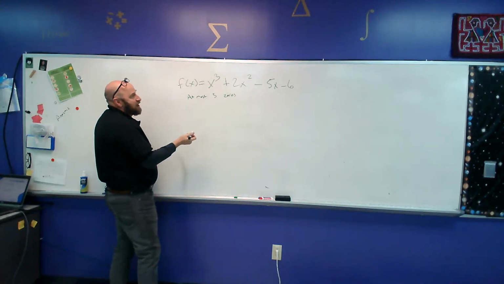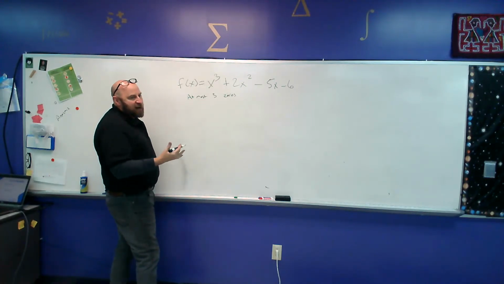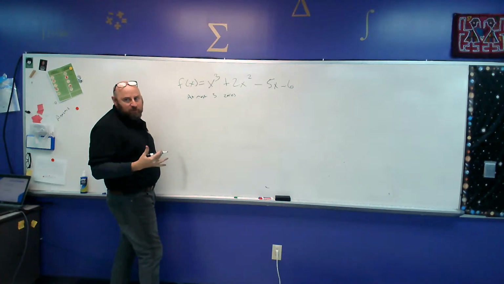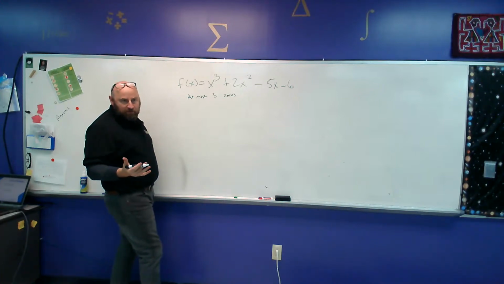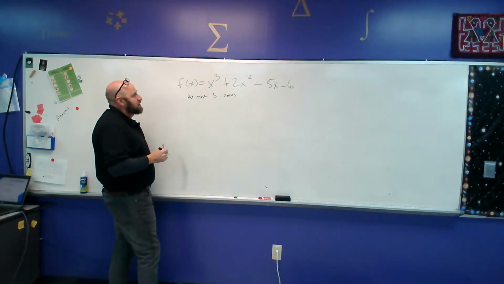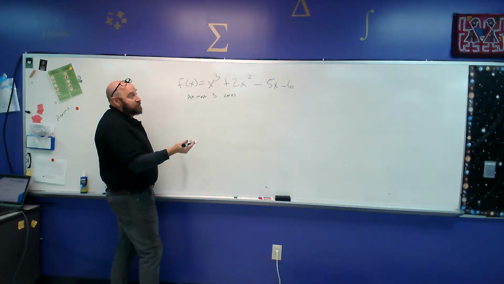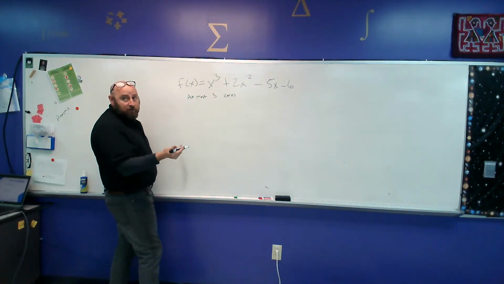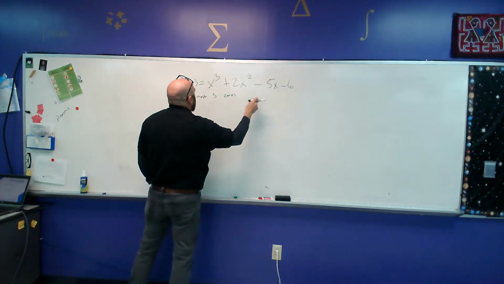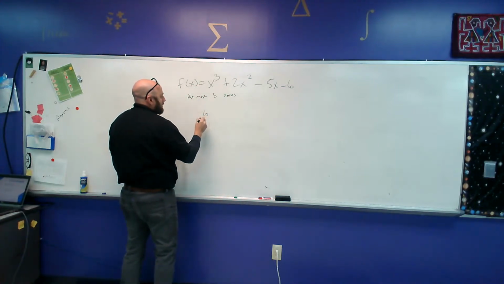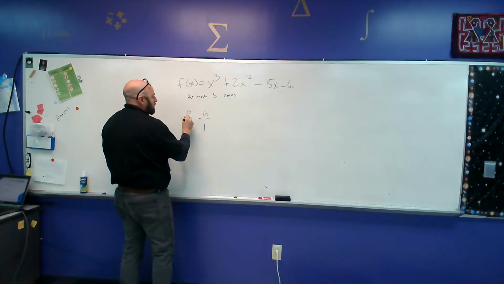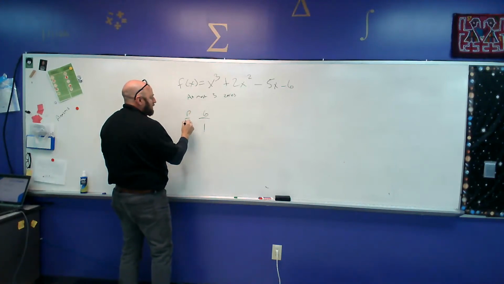Now, if we do Descartes, we can find out how many positive and negatives. I'm not going to do that today. You know how to do Descartes and find how many positive and negatives. But we will do the rational number theorem. So we know it's going to be 6 over 1, or P over Q, right?